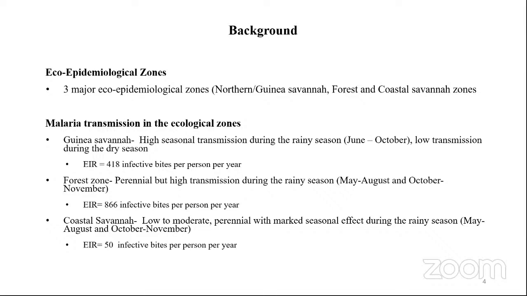Another measure to characterize high malaria transmission is the number of infective bites from mosquitoes per year, called the entomological inoculation rate. We gathered that in the northern savanna zones, we have 418 infective bites per year. In the forest zones, we have 866, and in the coastal zones, we have about 50 infective bites per year.